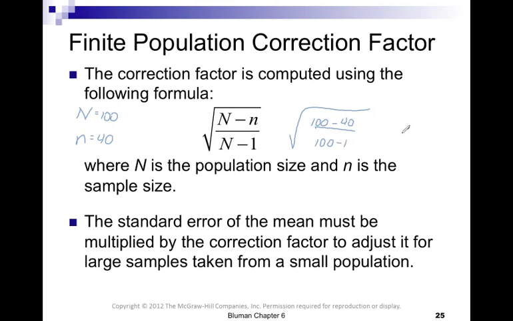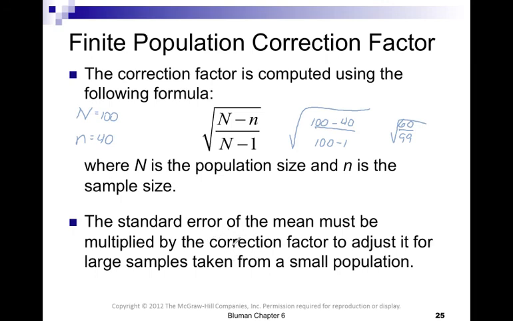And so that'd be 60 over 99. You take the square root of that. And that would be your correction factor. You do that in your calculator and get a number. And then what you do is you multiply that correction factor by the standard error of the mean. And so that has to be adjusted.